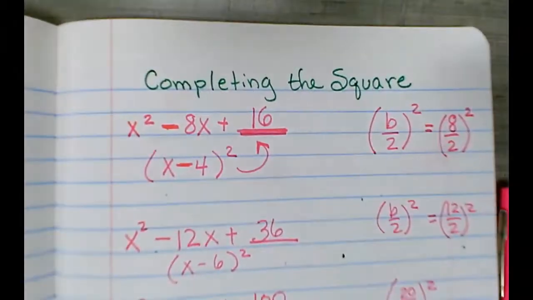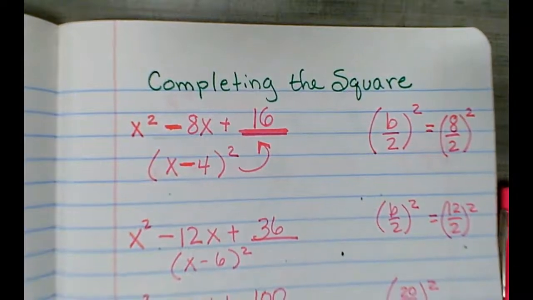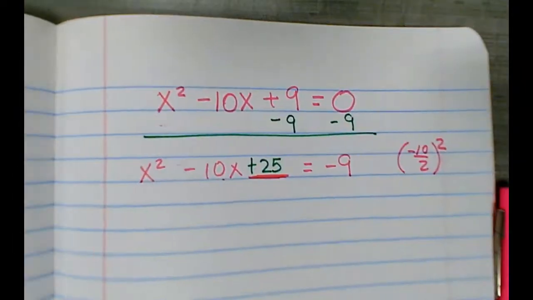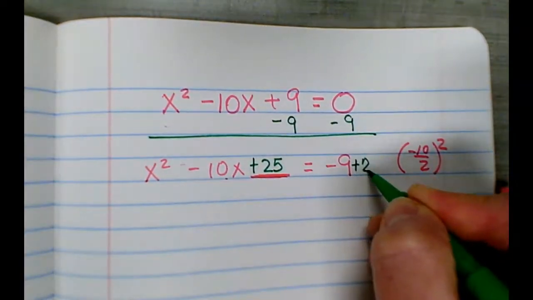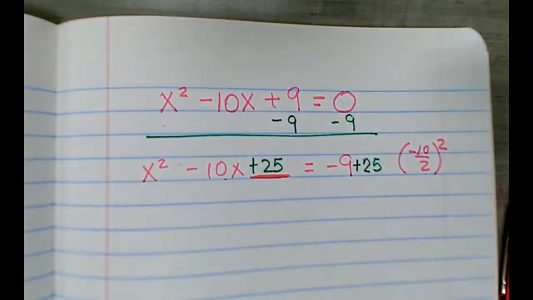Over here on this page, I just had expressions. I didn't have an equal sign. On this problem, I have an equal sign, so if I add 25 on the left-hand side of the equal sign, what do I have to do on the right-hand side of the equal sign? I can't add 25 just to one side of the equation. I have to add 25 to both sides of the equation.